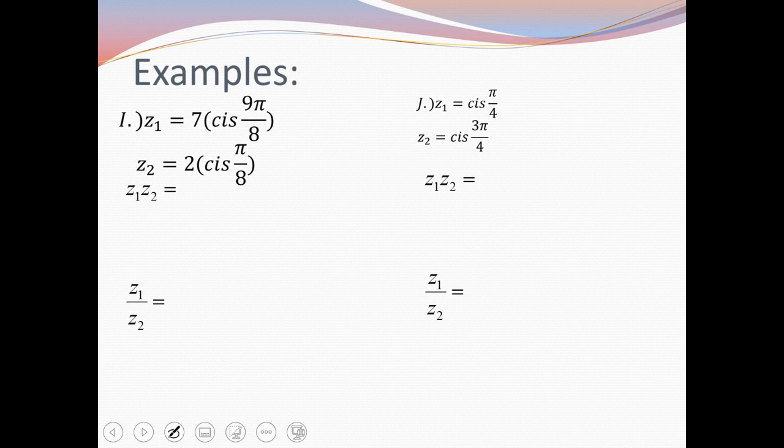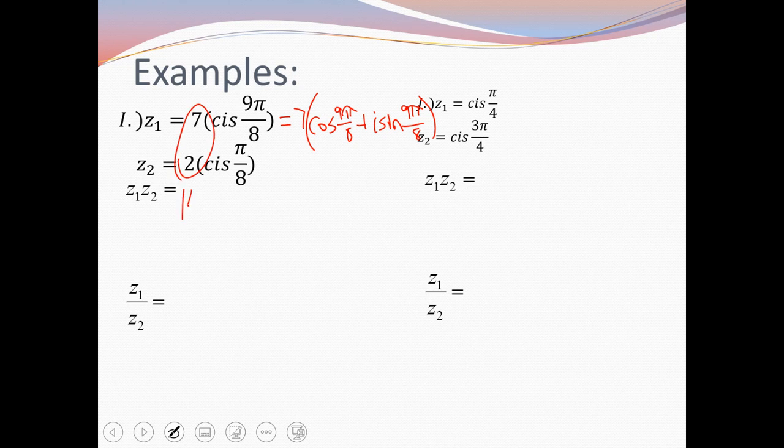Remember, your book is probably going to write them out as 7 cosine of 9 pi over 8 plus I sine 9 pi over 8. Just seems silly to me. Especially when you're going to write cosine plus I sine every single time. So what this formula says that you do is you multiply these r's.